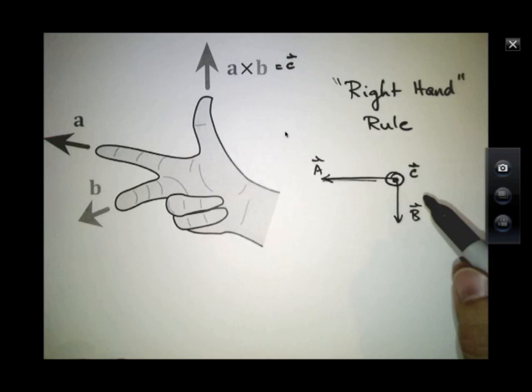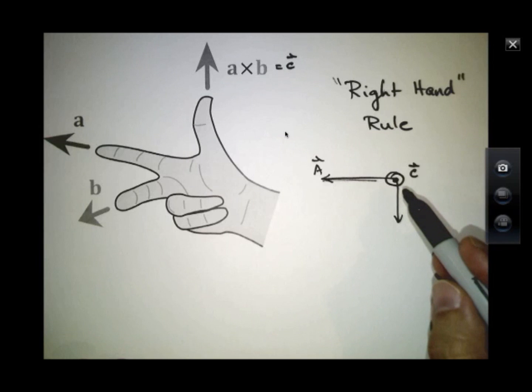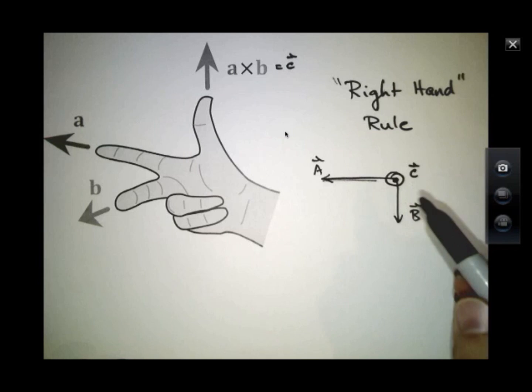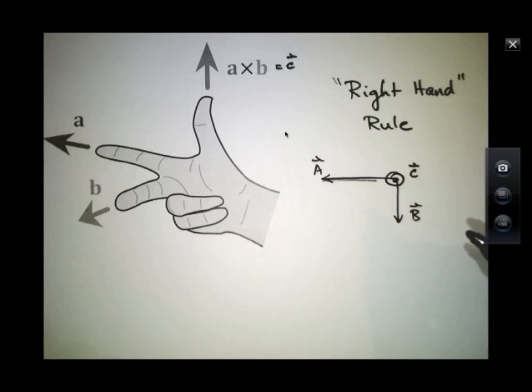So C would look like, if you were standing over a rocket and it was launching right at you, you would see only the tip of the rocket. We sometimes note that with a little circle and a dot in the middle.